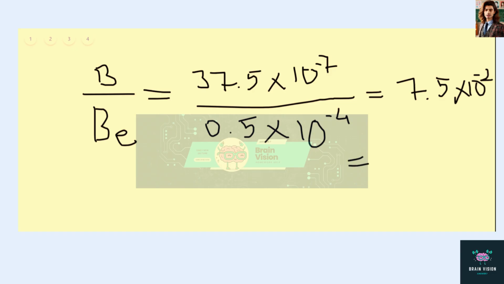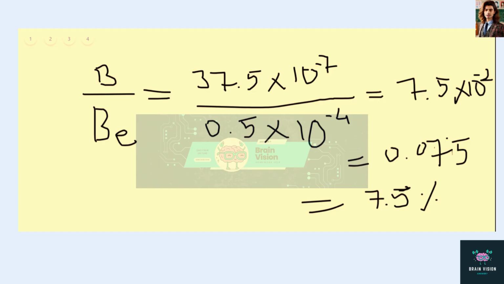So in other words, it's 0.075, and if you take the percentage, it's going to be 7.5%.